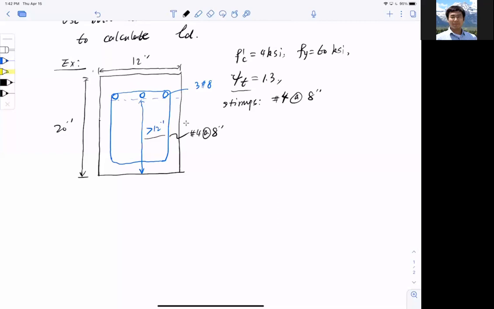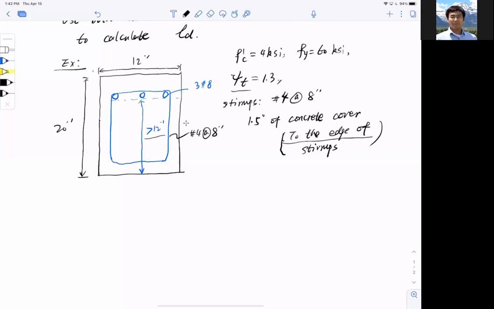On top of that, there are 1.5 inches of concrete cover, and that is to the edge of the stirrups. I was never so peculiar or specific about this concrete cover before because we were not talking about development length. But for this, we have to be very exact, to the edge of stirrups.